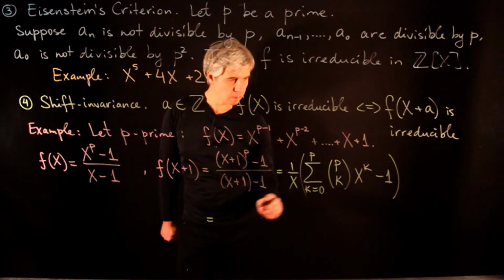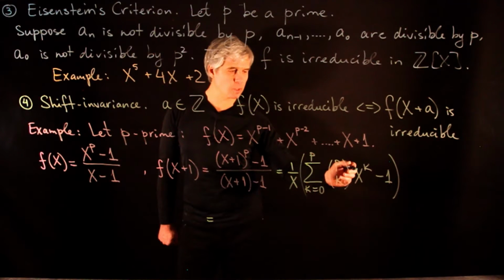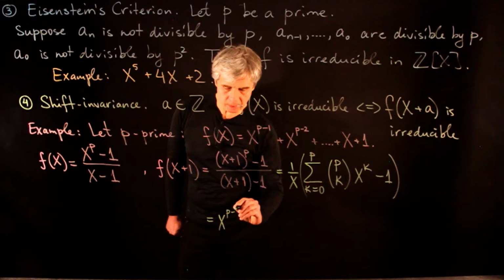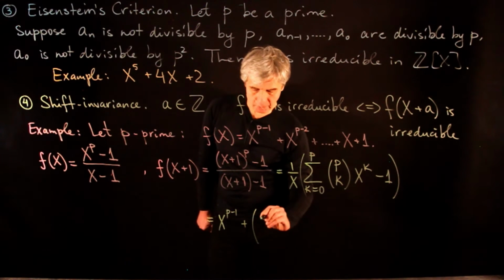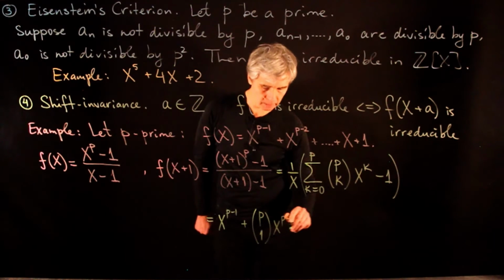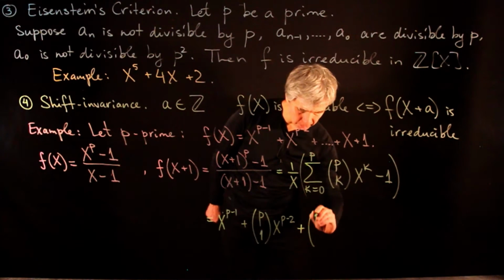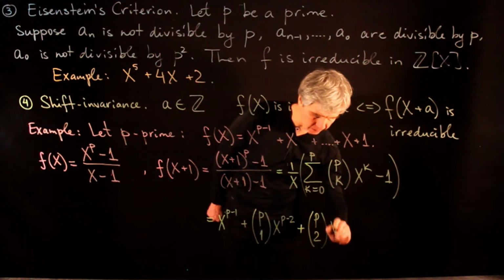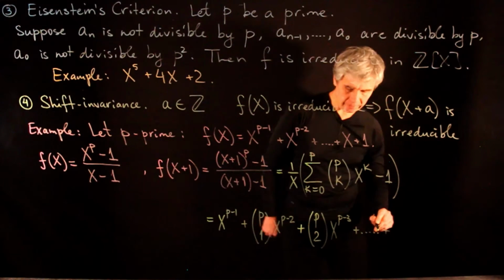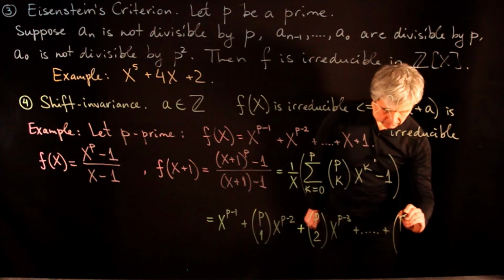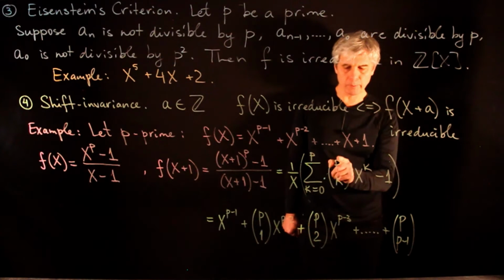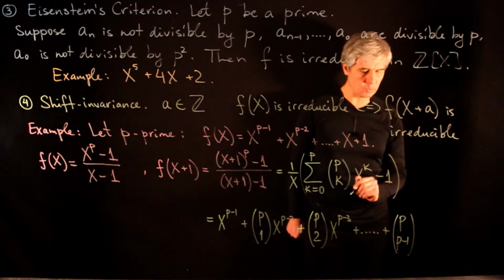And this becomes, the leading term is x^p divided by x, so we get x^{p-1}, plus the binomial coefficient p choose 1 times x^{p-2}, plus the binomial coefficient p choose 2 times x^{p-3}, plus and so on, up to a term p choose p-1, and the last term with p choose 0 will cancel. We have 1 minus 1.